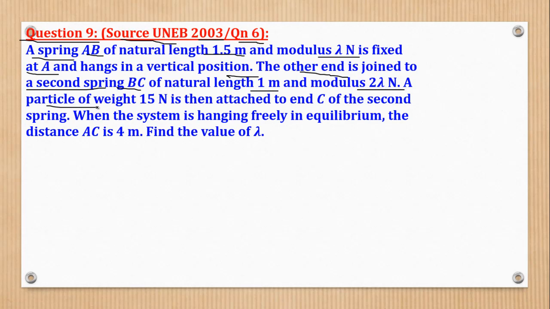A particle of weight 15 Newton is then attached to end C of the second spring. When the system is hung freely in equilibrium, the distance AC is 4 meters. Find the value of lambda. So still we shall make a sketch.